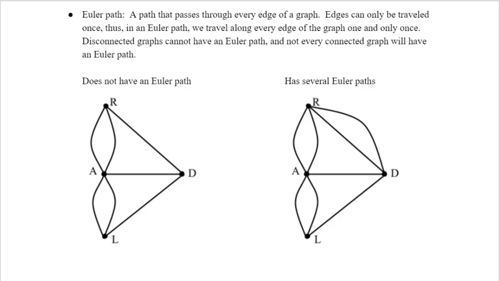A disconnected graph cannot have an Euler path. And only some connected graphs have Euler paths. We will talk about which graphs have Euler paths in the next video. But I will just tell you now, this first diagram, which is actually the Bridges of Königsberg diagram, does not have an Euler path, but this one does have several Euler paths.